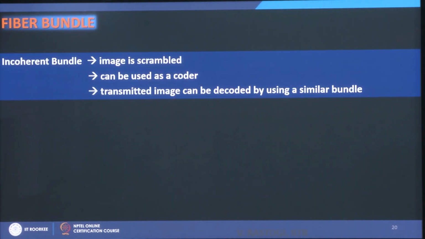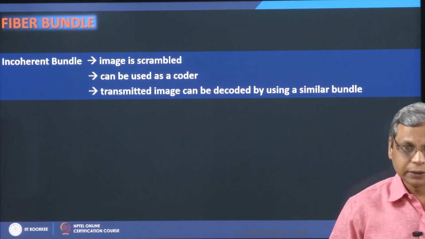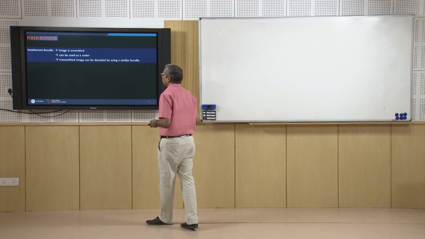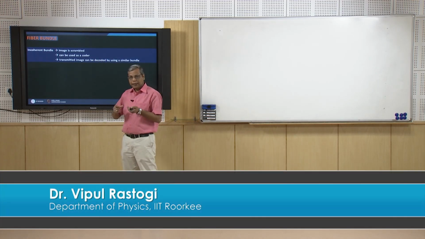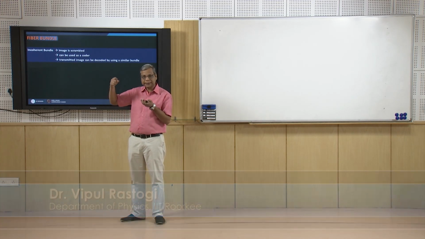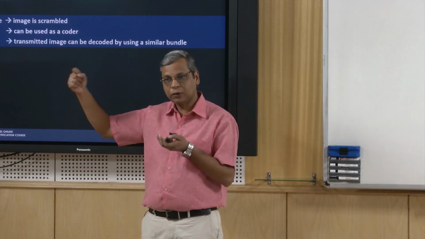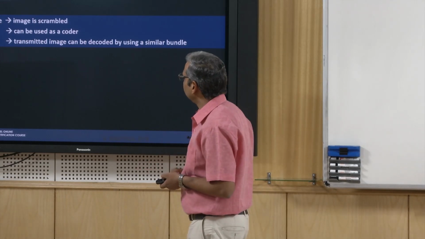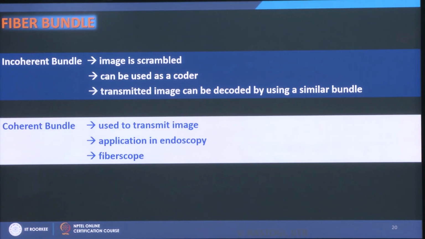In an incoherent bundle, since the relative positions of the fibers are not the same at the input and output end, so the image is scrambled. So, it can be used as a coder. So, if you send an image through this incoherent bundle and you use the similar or same incoherent bundle at the output end, then you can get back the image. Okay. So, transmitted image can be decoded by a similar bundle.